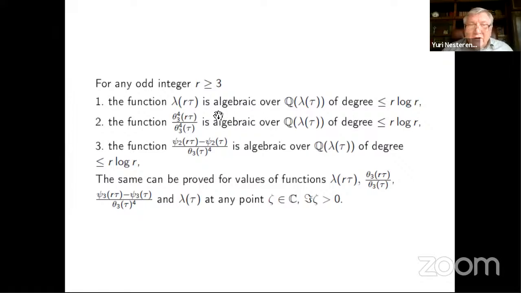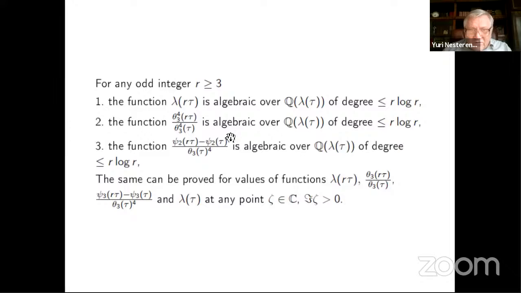For these two, there is a functional connection. And it's possible to estimate the degree of this polynomial and its height. Bounds are written here only for degree, but it's possible to write them for height; a second logarithm will appear there. And this means that if lambda of tau is an algebraic number, then lambda of r tau is algebraic too.